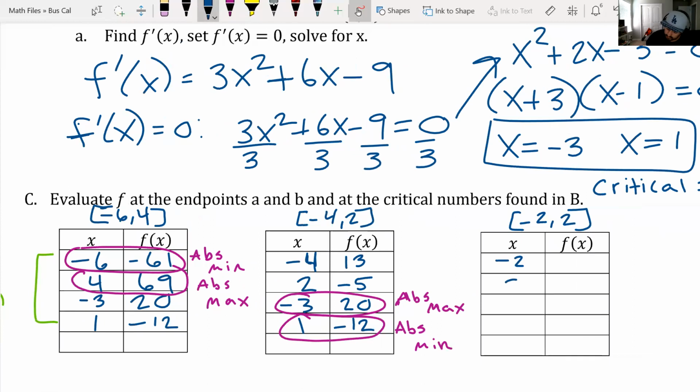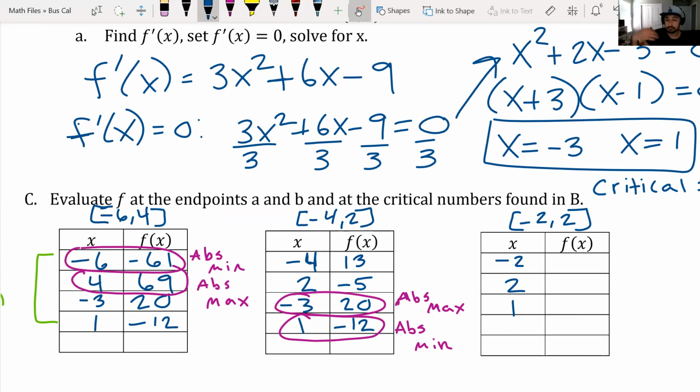Okay. Then the very last one, -2 and 2, I'll put my endpoints, -2, 2. And then I'll put in my critical numbers. Does -3 fit in this interval? No. So we leave it out. Does 1 fit in this interval? Yes. We'll only include the 1. Since -3 doesn't fit in the interval, we do not include it, which makes our calculations a little faster.